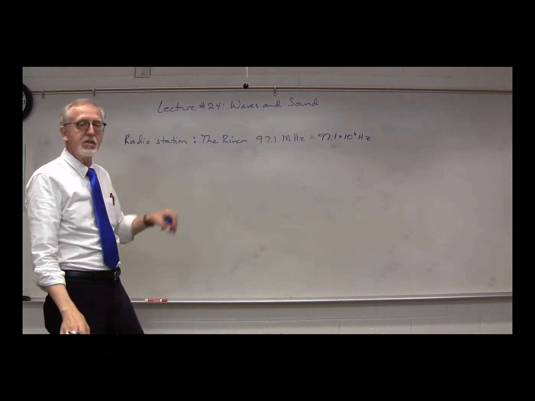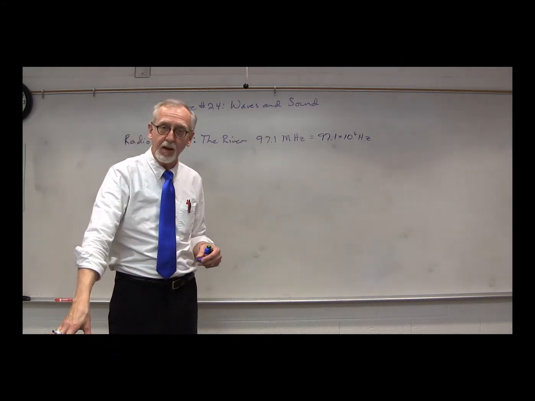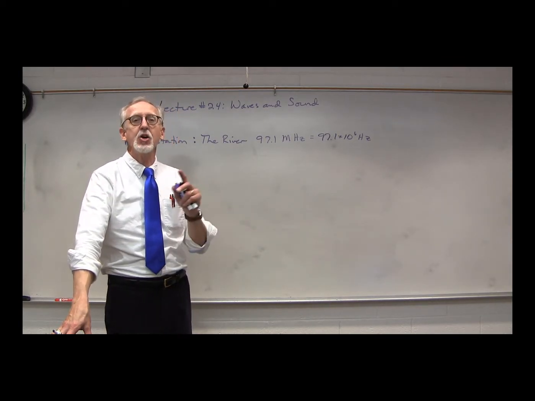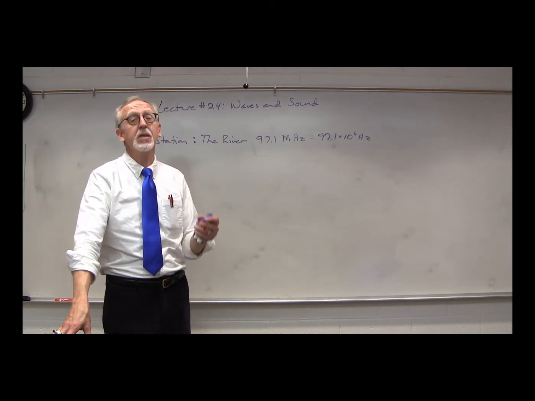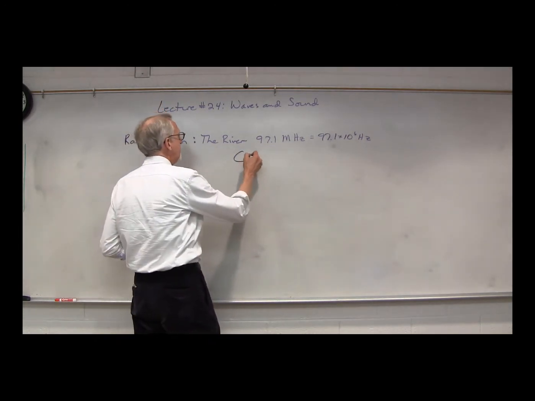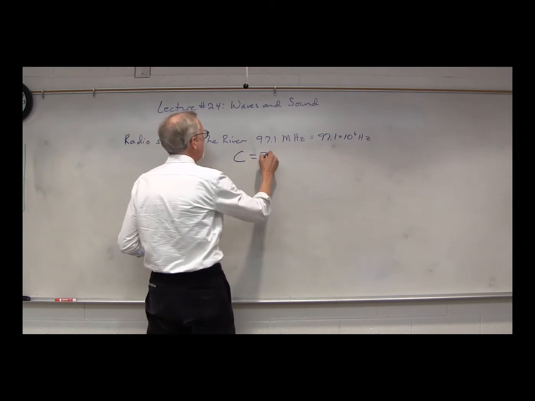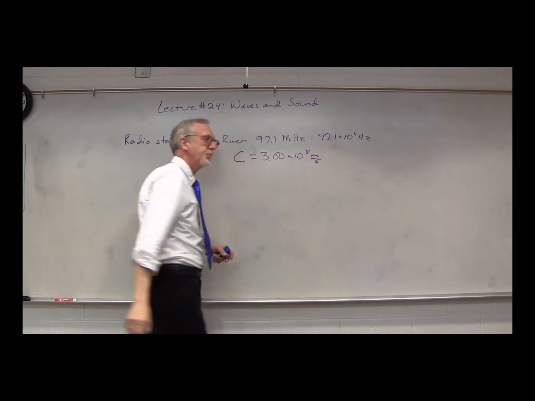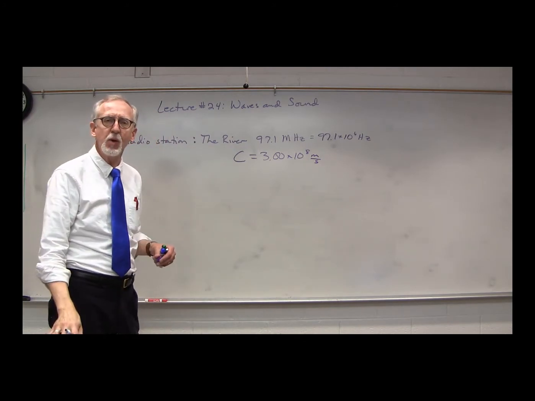Now, it's a radio station, which means it's giving off radio waves. Radio waves are a type of electromagnetic radiation, and all electromagnetic radiation in a vacuum, and pretty close to it in air, travels with a speed of c, which is 3 times 10 to the 8th meters per second. So let's figure out what's the wavelength.